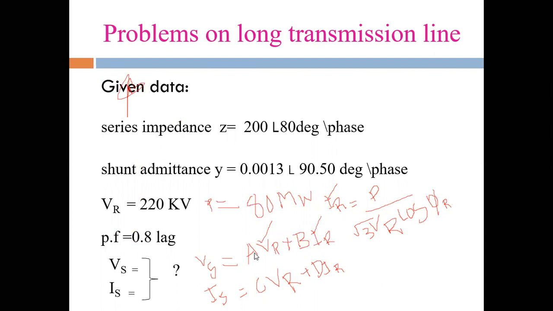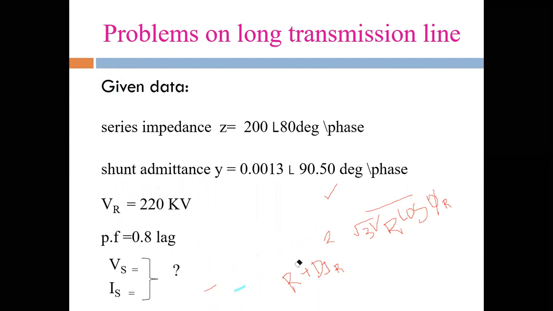After finding these A, B, C, D values, we substitute VR, IR and the ABCD values, and then we determine the sending end voltage, that is Vs. First write down the formulas for the ABCD values. After that we determine the ABCD values, and then we find the sending end voltage and also the sending end current.